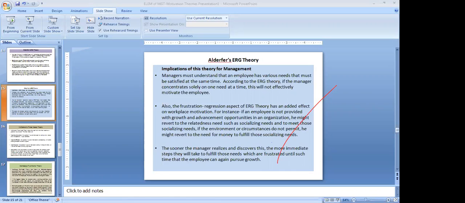But if the opportunities for growth are not provided and he becomes frustrated, he will now fall back and begin to multiply his effort into acquiring more relatedness needs. I hope you understand what I'm saying.